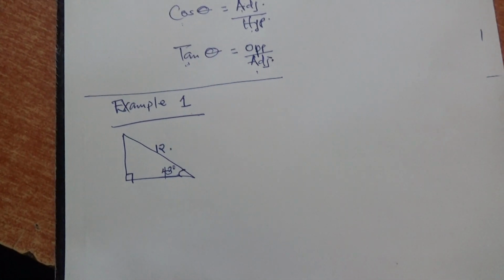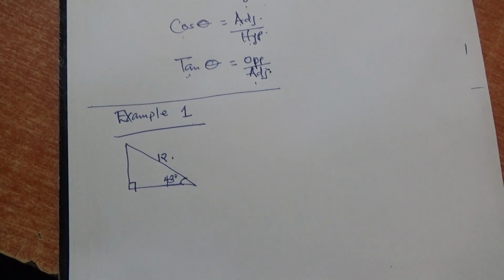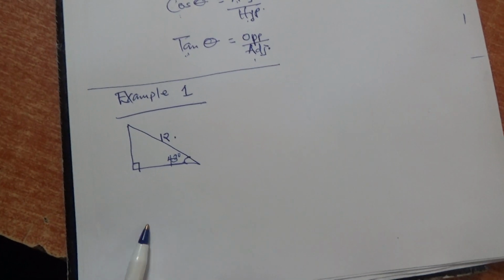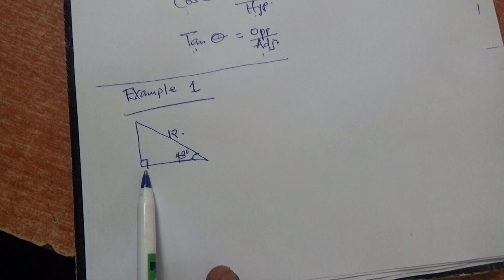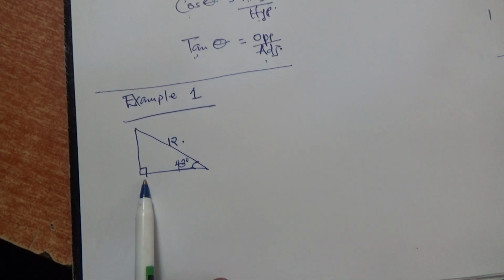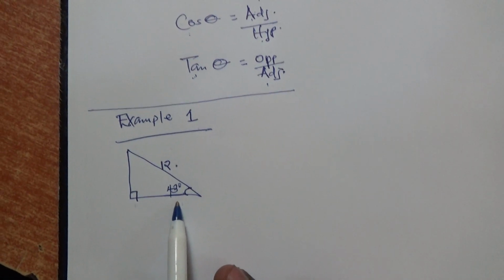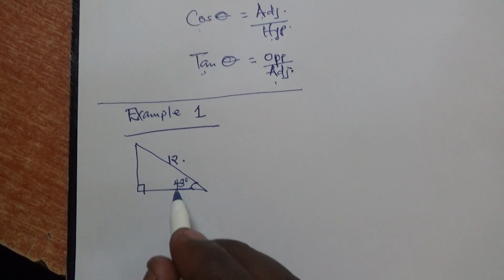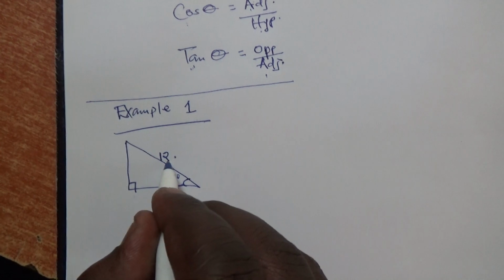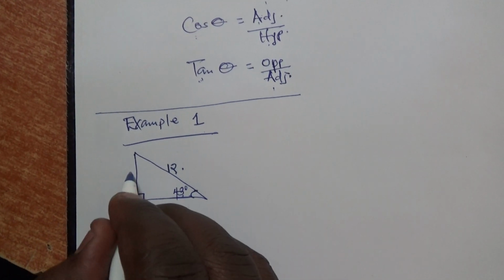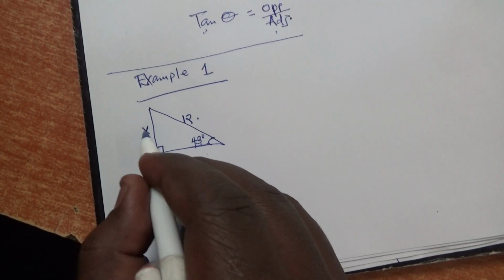Okay, I said there are two things that you have to consider before you start. Is it a right angle triangle? Yes, it is. Okay, and then another thing is, which sides have you been given? You've been given an angle and a side here. And then you are told to find the value of x, this height.